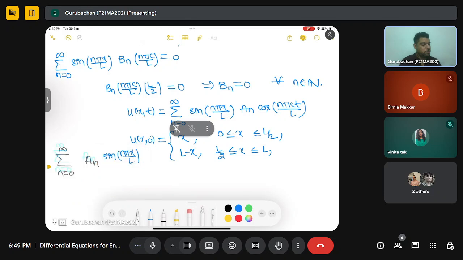This is its value when you put t equal to 0.